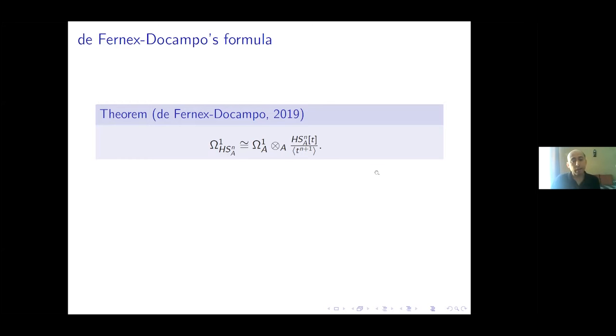Now, of course, this is a purely algebraic statement, but it has an amazing amount of geometric applications. For instance, they used this formula to deduce a bunch of theorems regarding the structure of arc spaces and jet schemes.